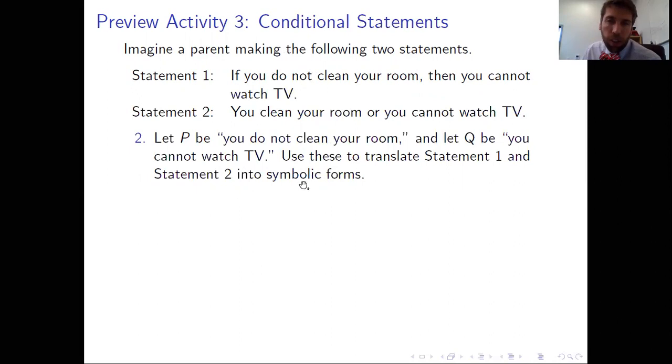So let's translate statement 1 and statement 2 into symbolic form.